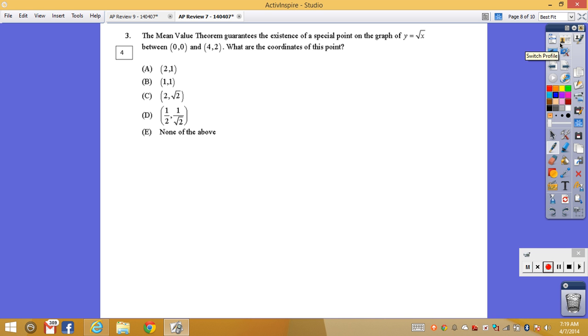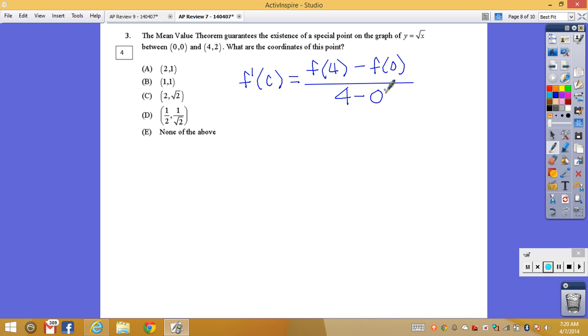So looking at number 4, it says that the mean value theorem guarantees the existence of a special point on the graph between. If you notice, this is the function, these are your endpoints. So what are they asking you? They're asking you to find when the derivative is equal to f of 4 minus f of 0 all over 4 minus 0.